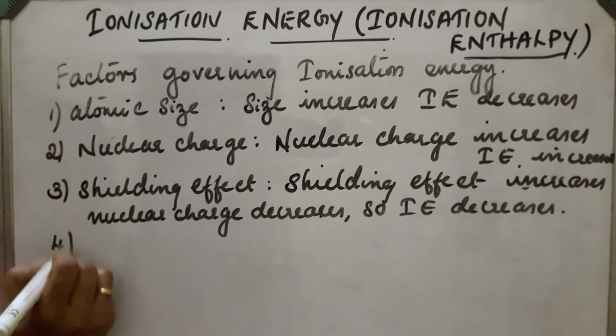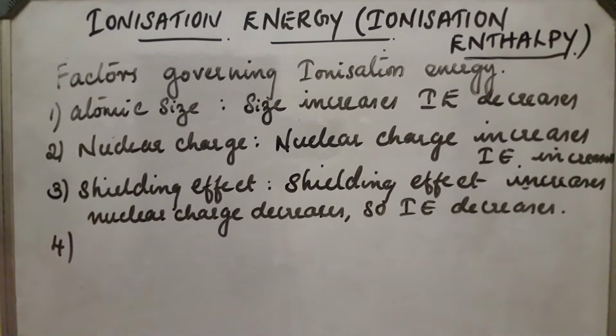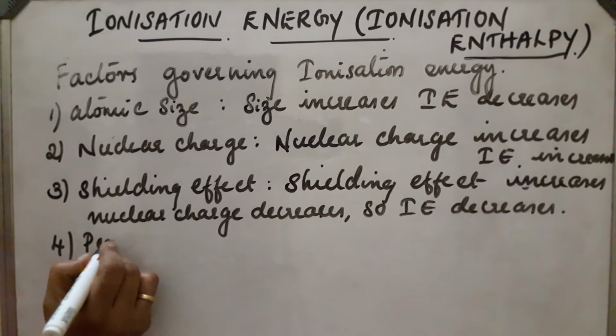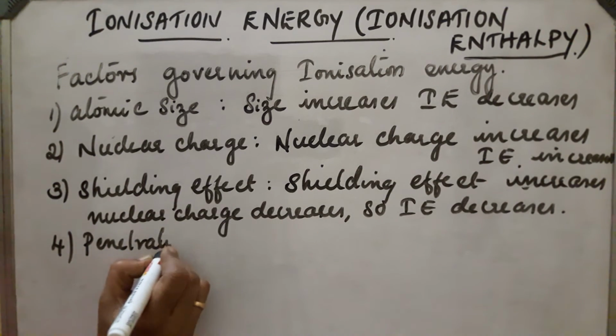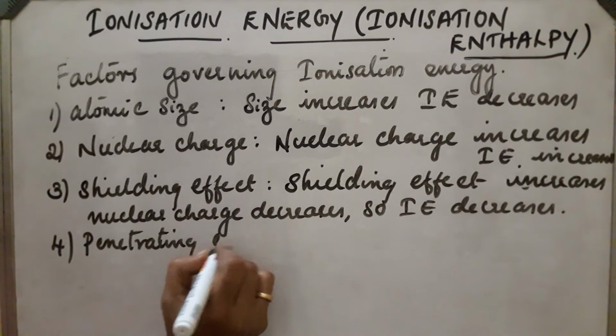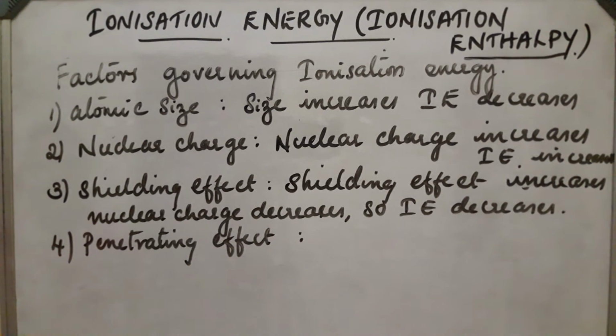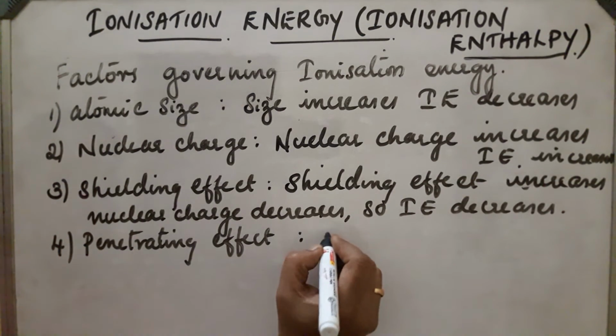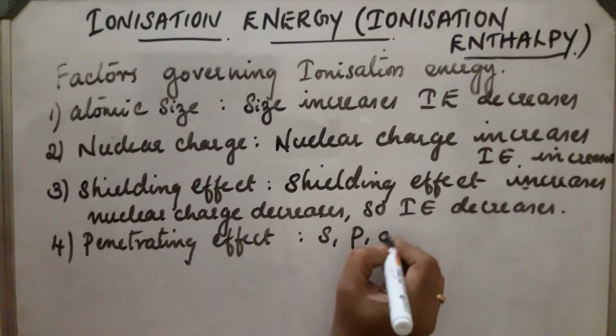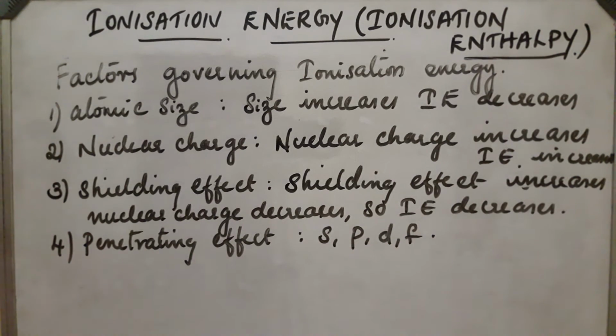Then, fourth point, penetrating effect. The electrons are present in the same shell. A shell contains different subshells like S, P, D, F, etc. As the penetrating effect increases, ionization energy also increases.